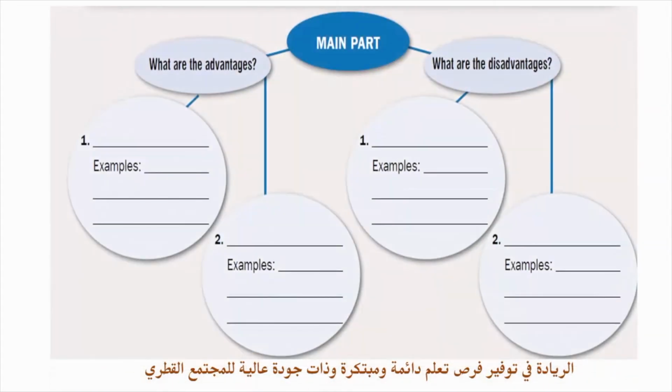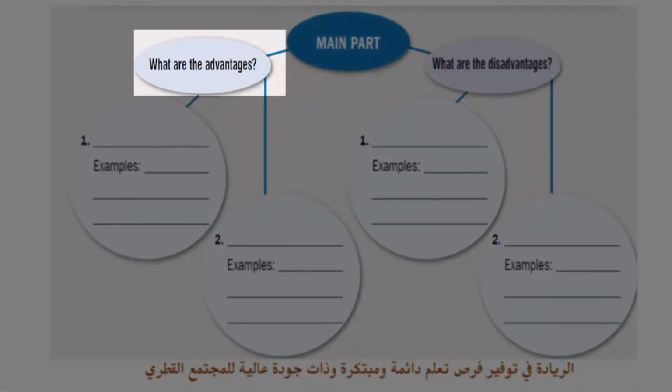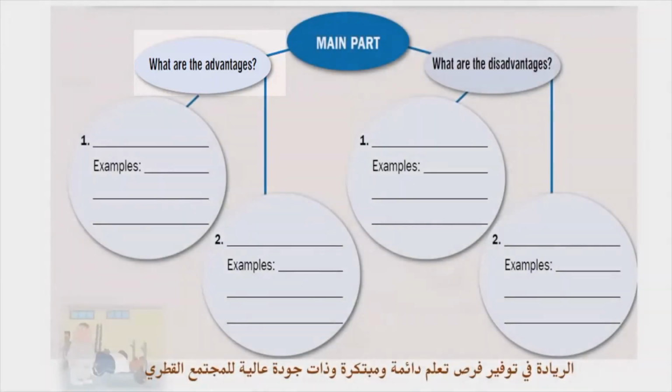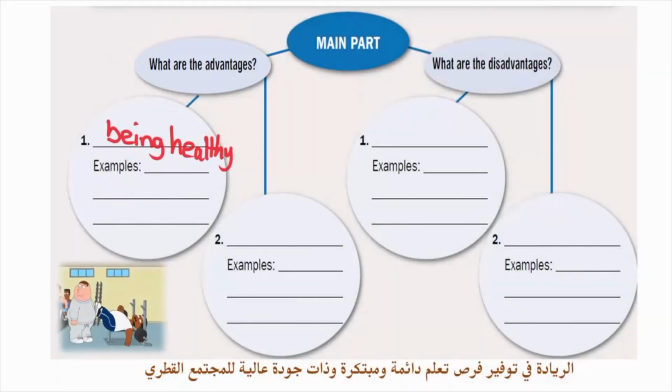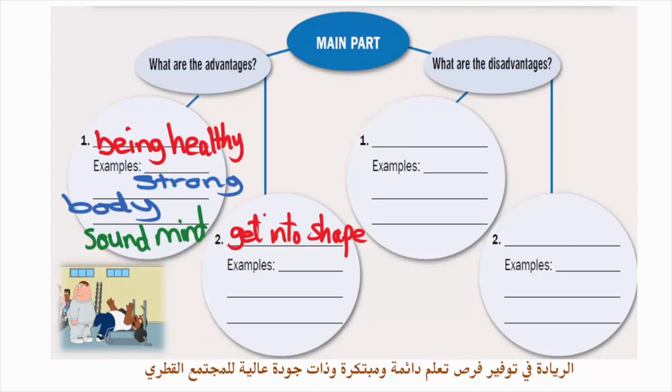Now to the main part and the second paragraph, the advantages. We have to mention 2 advantages and give examples. Being healthy, this is an advantage. Examples, you will be strong and have a sound mind. Another advantage, you get into shape.